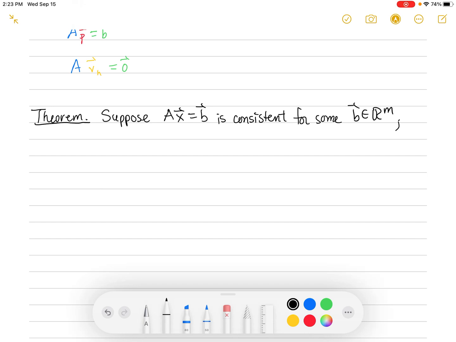That means AX equals B has a solution. And let's say X equals P, so X is unknown, but let's say X equals P is a particular solution.